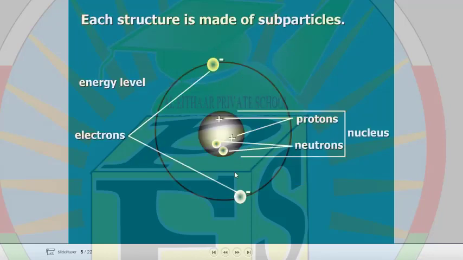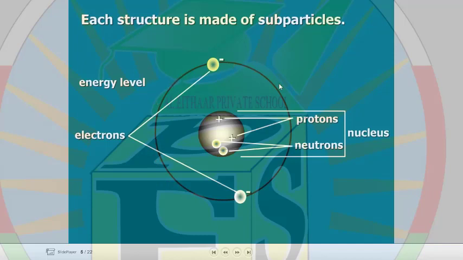Here, as you can see, inside the nucleus, protons and neutrons are present, and the electrons are moving in a circular path, as we discussed earlier, in energy levels or shells or orbits.